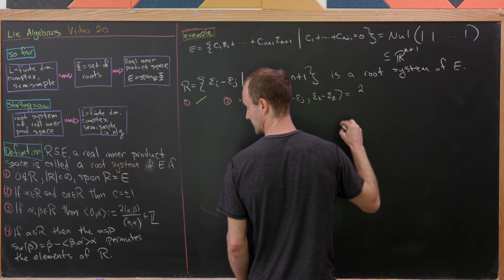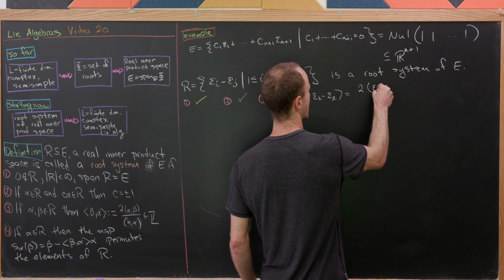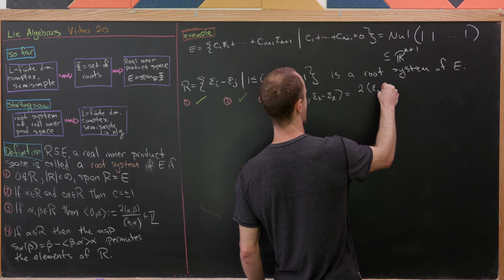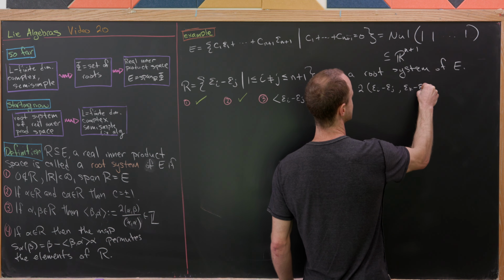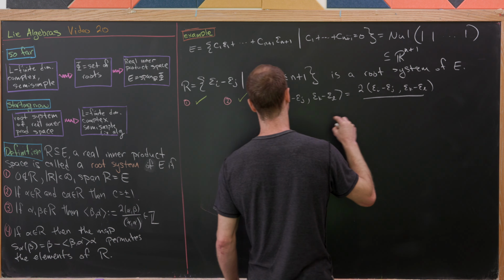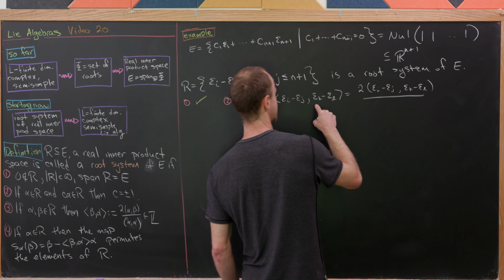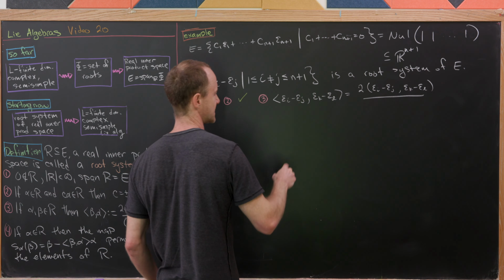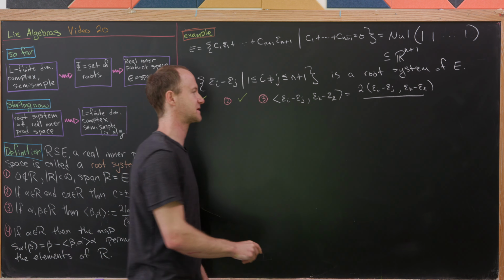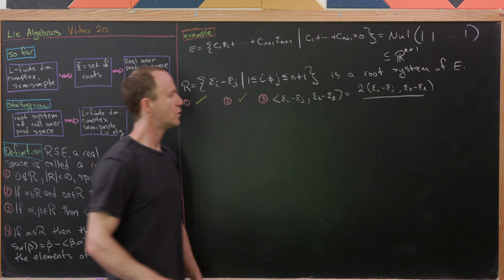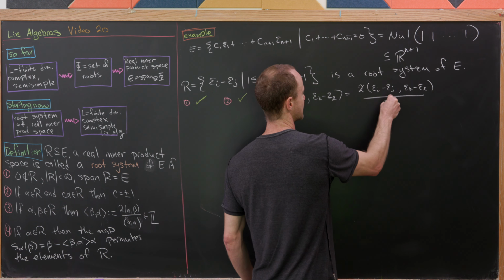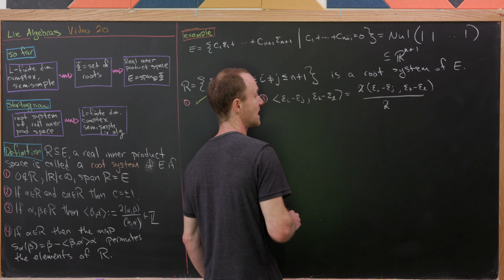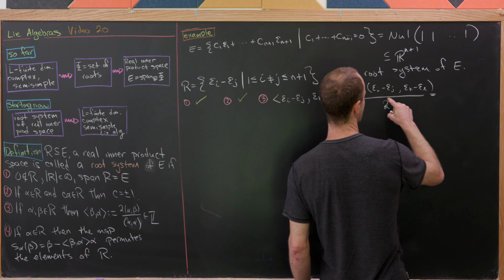So that's defined to be 2, and then the inner product of epsilon i minus epsilon j with epsilon k minus epsilon l over, well, we've got this inner product of, let's see, the epsilon k minus epsilon l with itself, which you can pretty easily calculate to be 2. So observe that those 2's cancel. And then, well, what are you going to be left with?